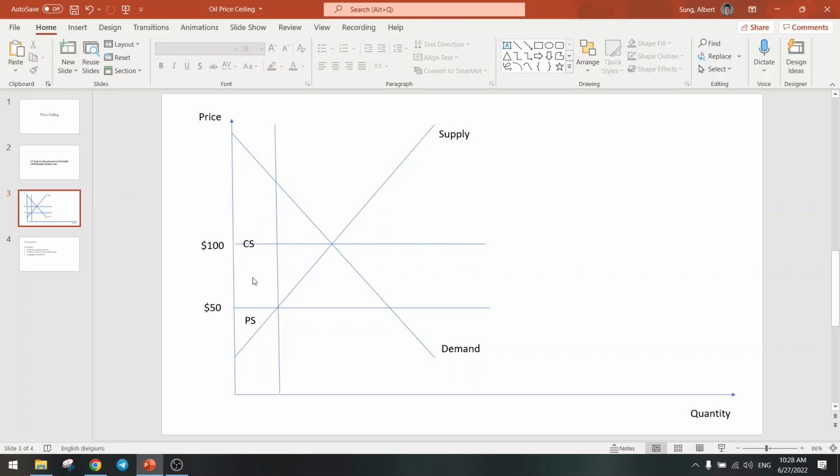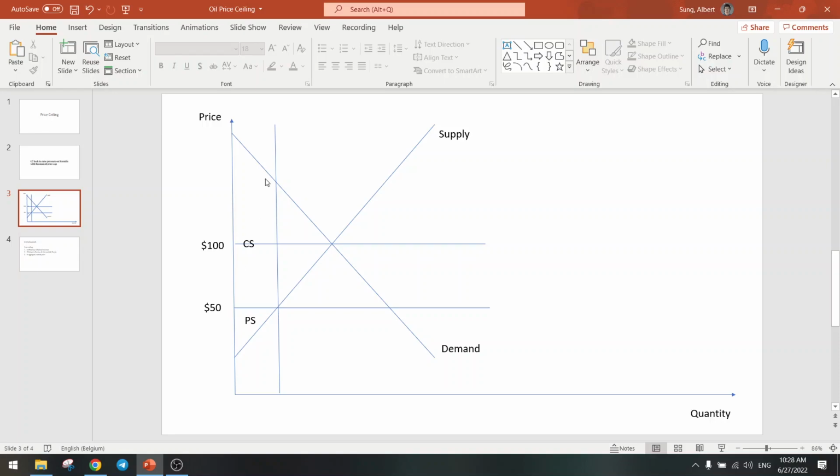The new consumer surplus is this area here. This rectangle, triangle thing here, trapezium. Okay, this seems bigger than the triangle here. So the consumer is actually benefiting from the price cap. But the producer is not benefiting from this.